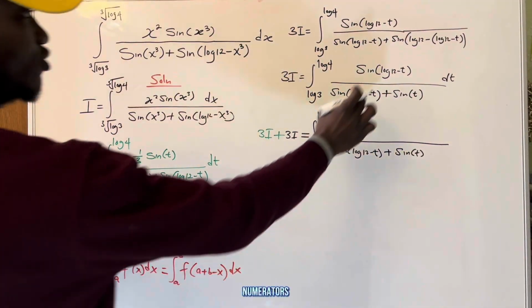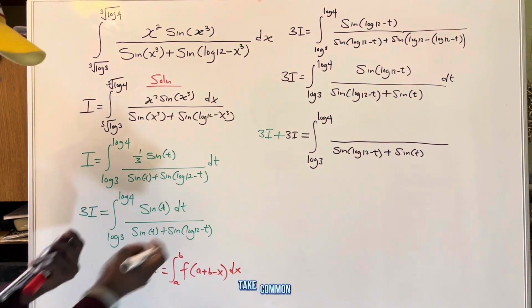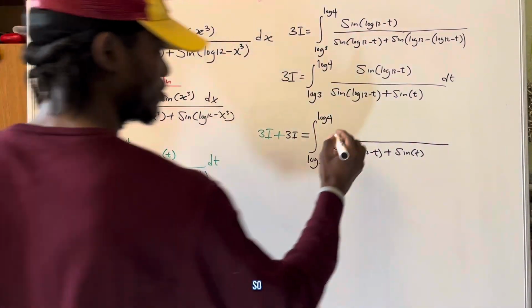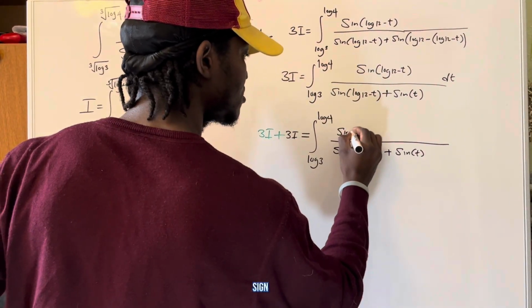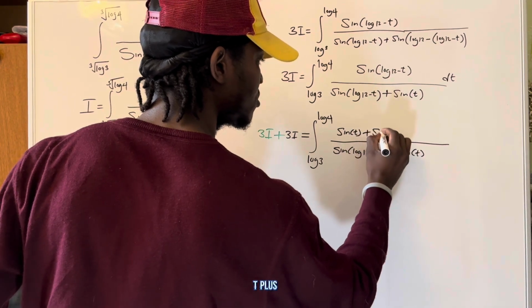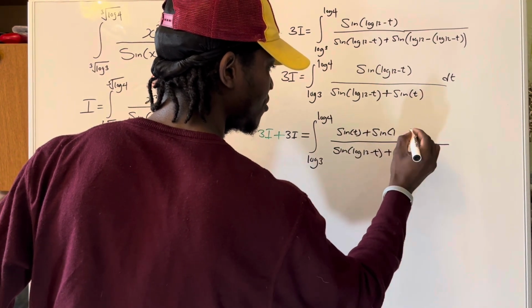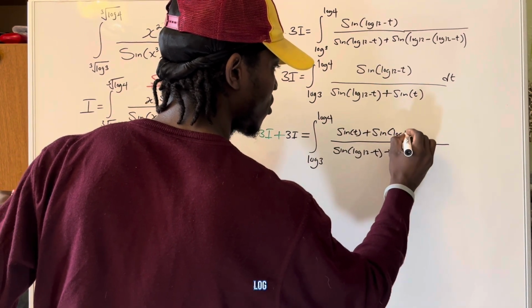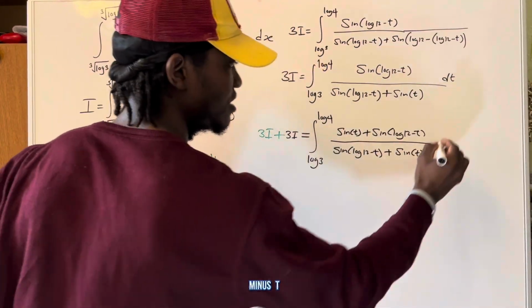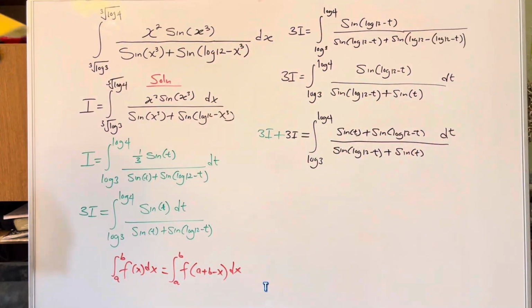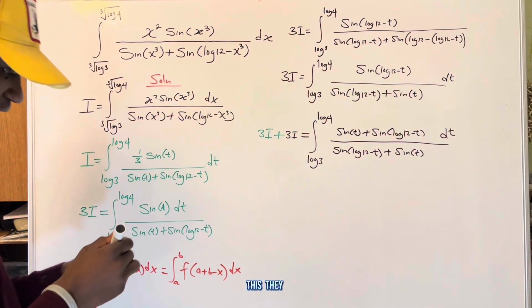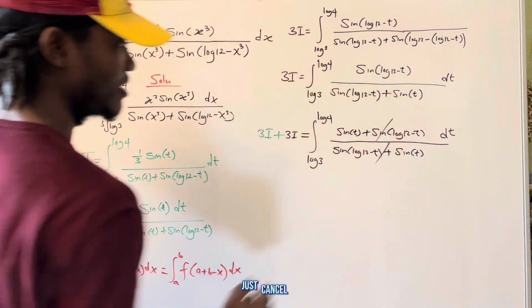Now we add the numerators. When we take common denominator, we add the numerators. So this will be sine of t plus sine of log 12 minus t, and this is our denominator. Remember that this and this are the same, guys, so they just cancel out.